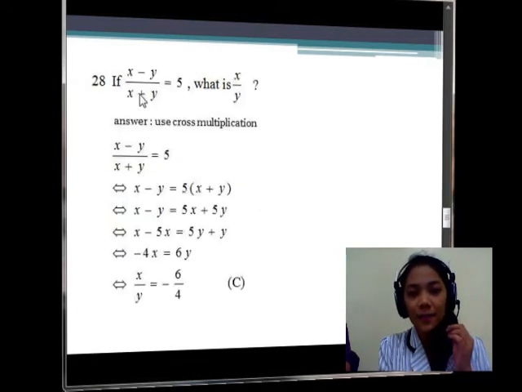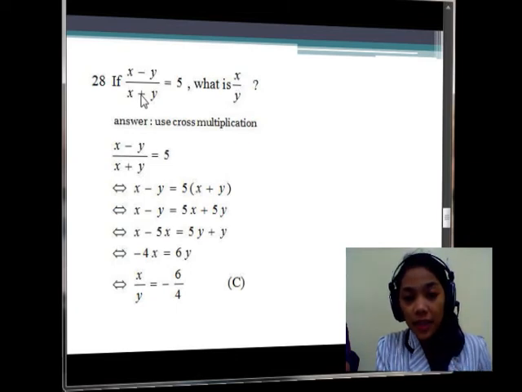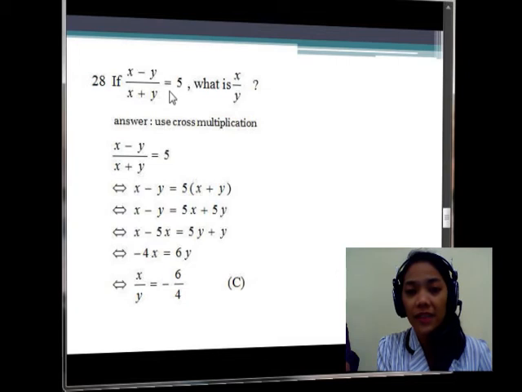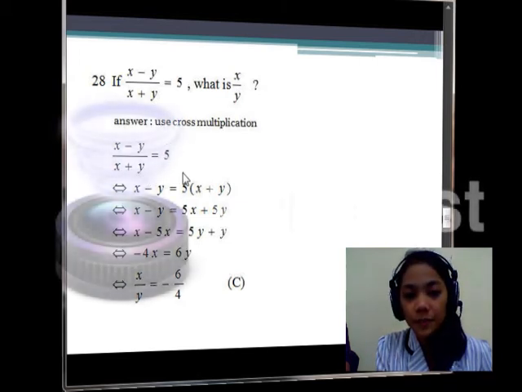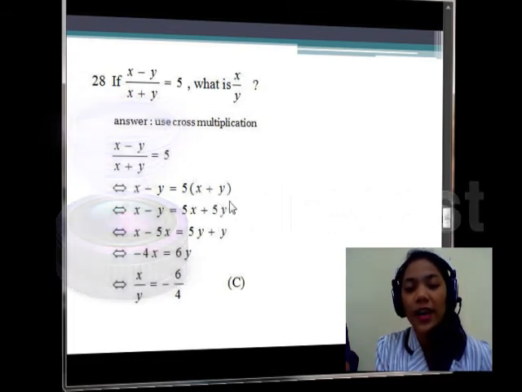Number 7. If x minus y over x plus y equals 5, what is x over y? So just simply use cross multiplication. So there you have x minus y equals 5 times x plus y.